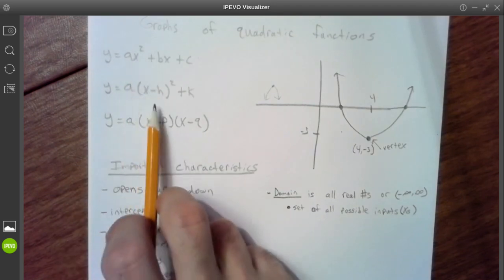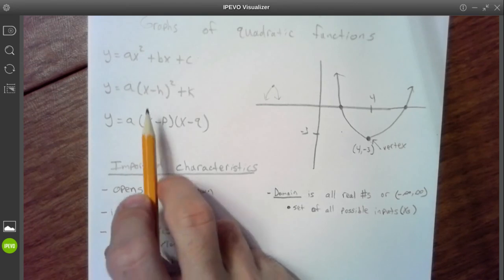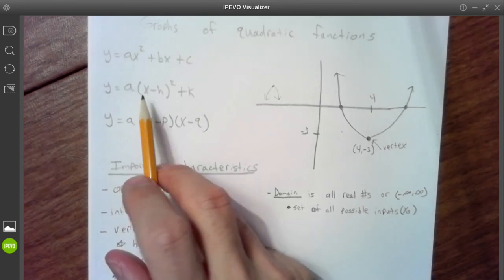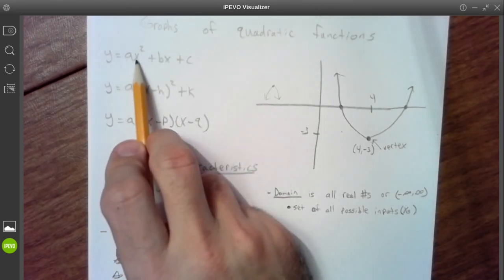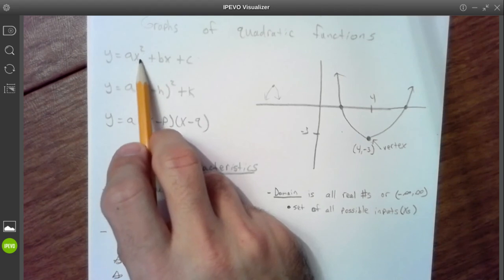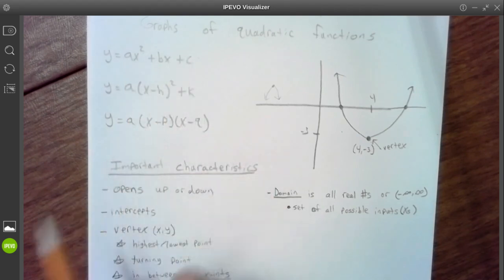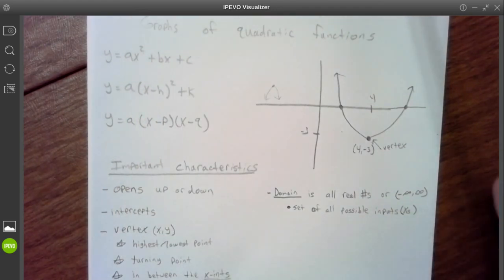If you look algebraically, there's actually no restrictions for the numbers that we're allowed to plug in for x. The reason why is you can always take some number and square it. There are no rules you're going to break. Then you could take that answer and times it by a, and you can add and subtract numbers. So there's never going to be any restrictions whatsoever when it comes to the domain of a quadratic.